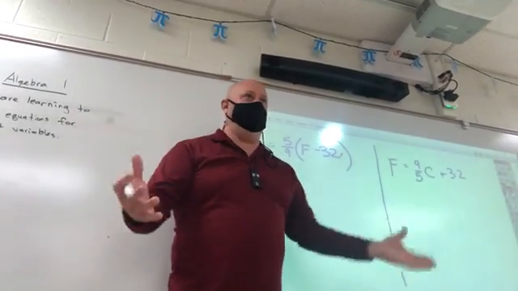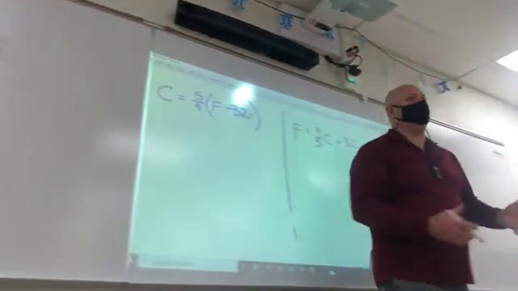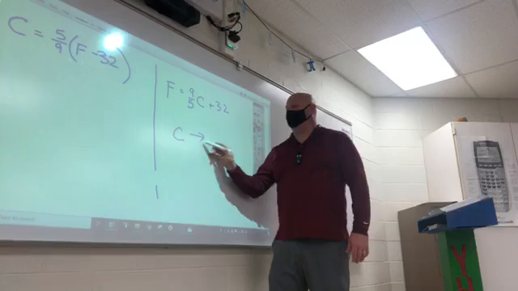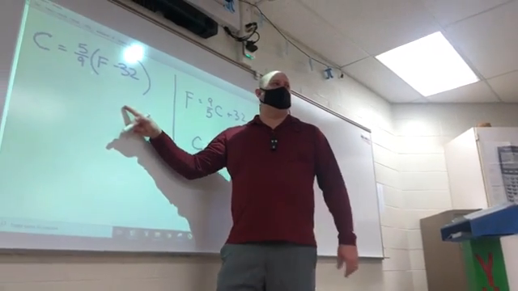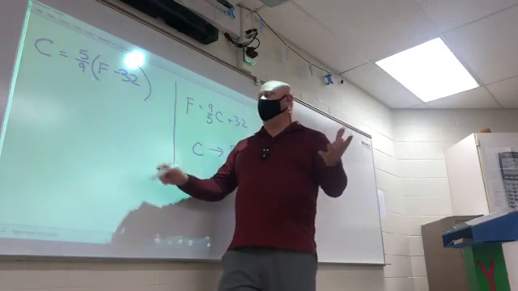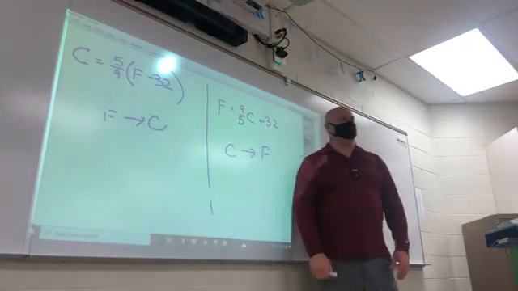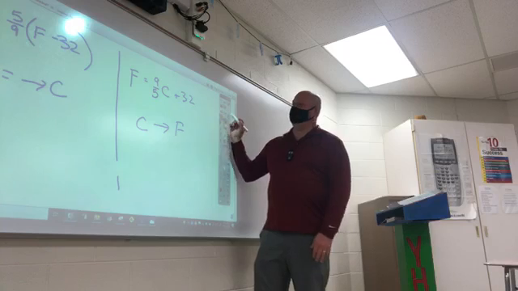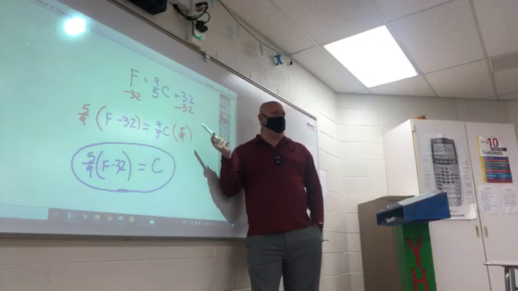No, they're the exact same formula, aren't they? But we use them for two different things. We use this to go from Celsius to Fahrenheit. Now we can use this formula, which is nothing more than a rearranged version of it, to go from Fahrenheit into Celsius. That basic skill of just being able to take a formula. How many different formulas are there in the world?